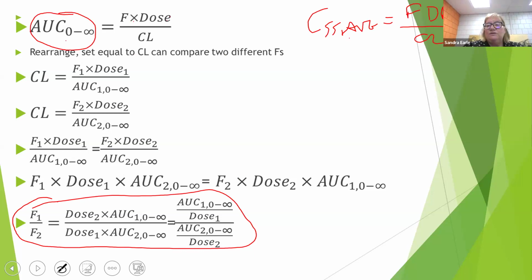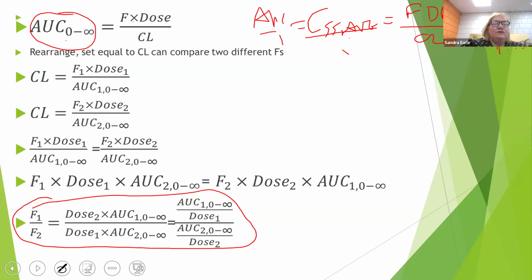Well, dose rate is really equal to dose divided by tau, isn't it? It's really dose, milligrams per time, or amount per time, or maybe milligrams per hour, or milligrams per day, or grams per day. But this is about dose divided by tau, isn't it? And Css average is equal to area under the curve divided by tau. So you can see they're really the same equation, or similar equations, okay?